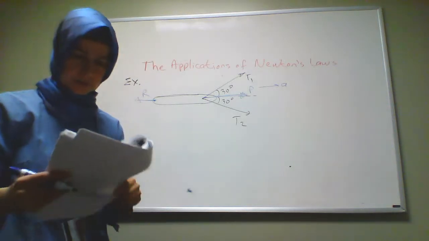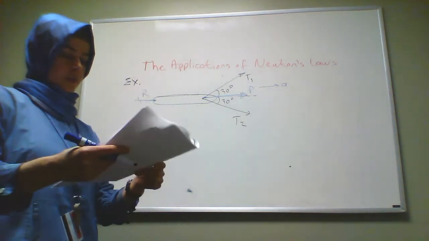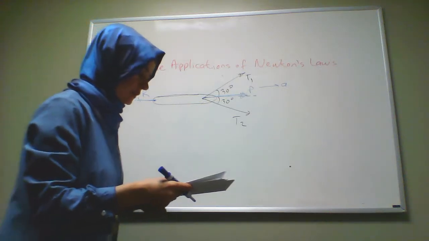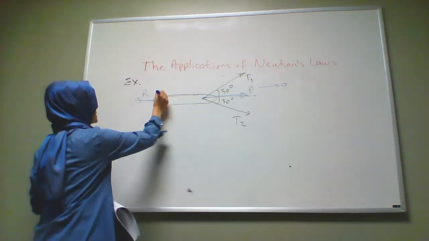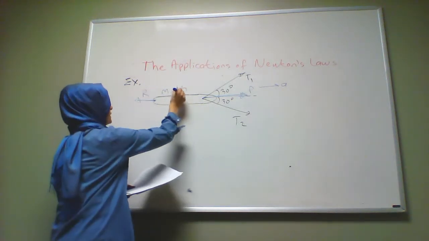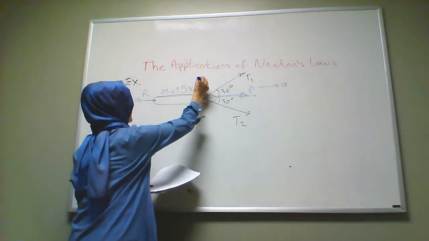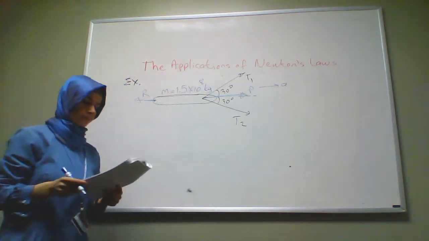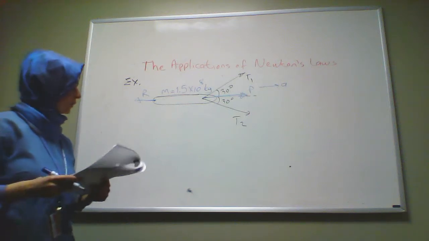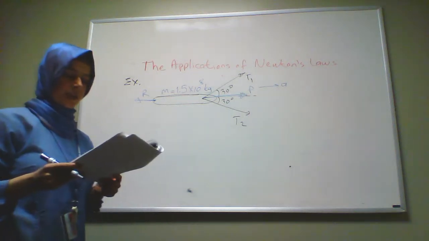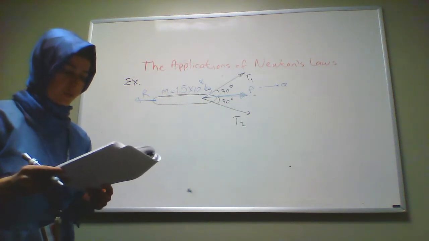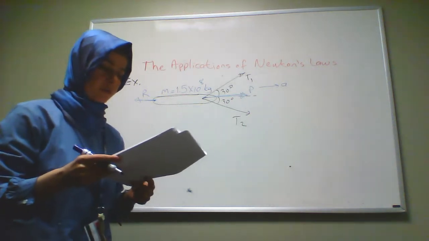Let me read the question first. A super tanker of mass 1.5 times 10 to the 8 kilograms, so the mass of this object, 1.5 times 10 to the 8 kilogram, is being towed by 2 tugboats, as in the figure. The tanker's engines produce a forward drive force with a magnitude of 7.5 times 10 to the 4 Newton.